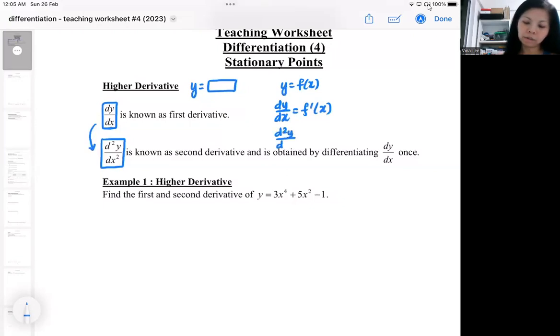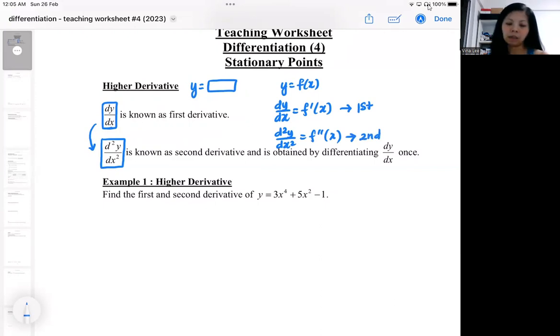Second derivative will be f prime prime. Maybe you don't see this much in differentiation, but you might see this in integration. So this one will still be called the first derivative, and this is still the second derivative. And how you obtain it is the same thing. You differentiate dy dx one more time.